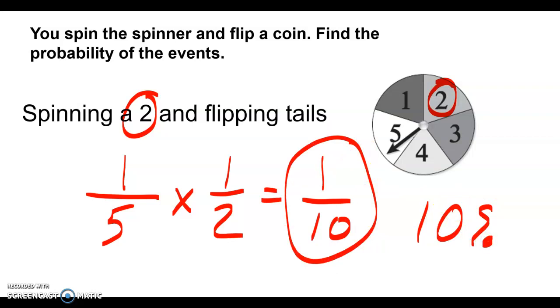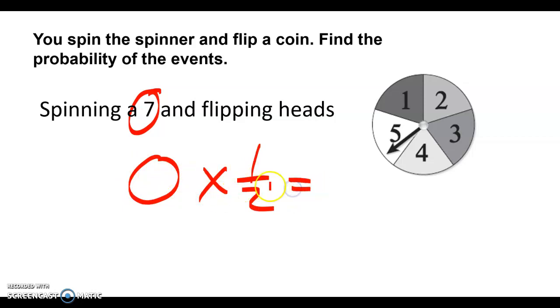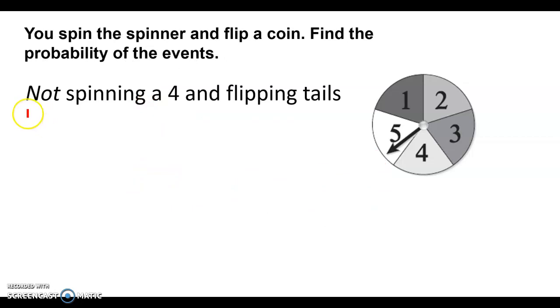All right, let's go to the last page. Spinning a 7. What's the chance of getting a 7? 0. Flipping a heads is 1 out of 2. But 0 times 1/2 is 0. No chance of getting a 7 and flipping a heads. All right, last one. What about not spinning a 4?